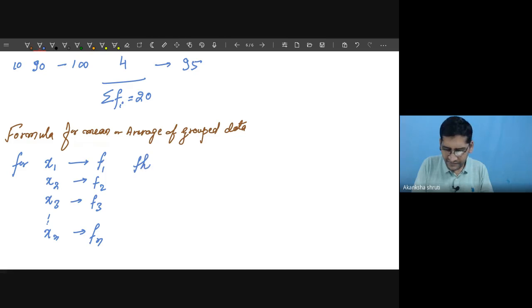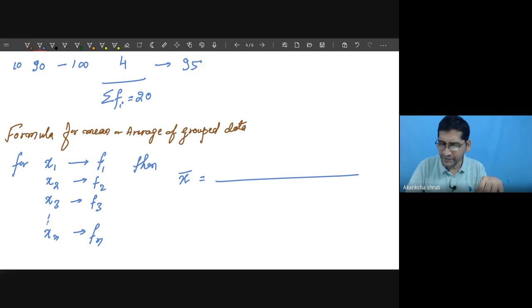Then the average x bar is obtained by adding all the observations, though the formula is as earlier, divided by the total number of observations. But in this case, the total number of observations is obtained by adding all the frequencies, summation of fi, as we had written earlier.